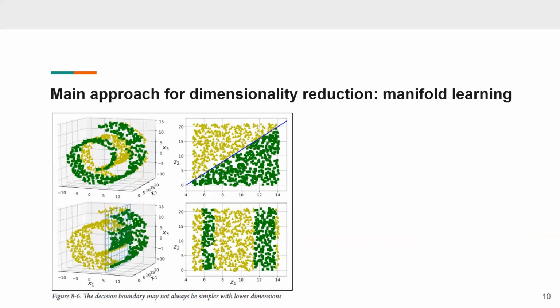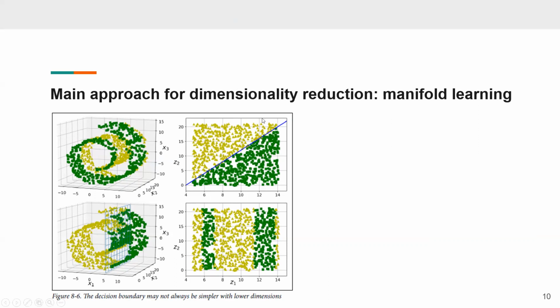So let's look at this chart. On the top, essentially, if you have three-dimensional data and you unroll it to two dimensions, once you unroll, you see yellow is on that side, further away on the x2 side, and green is on this side.